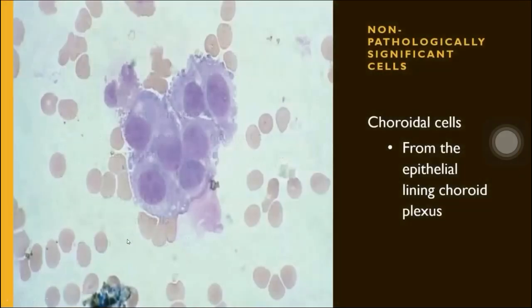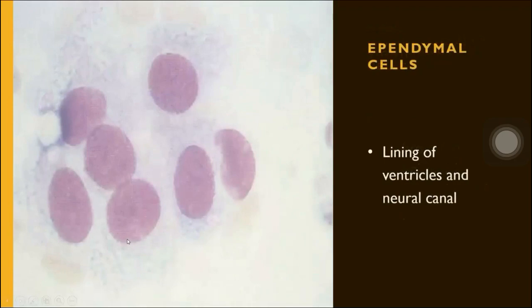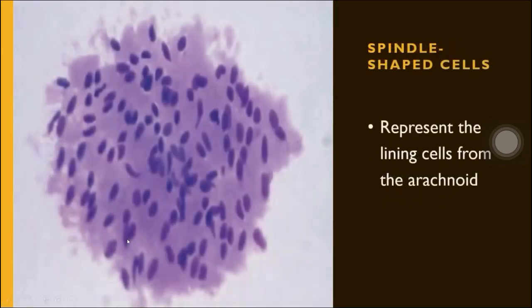So this is the appearance of the choroidal cell, again, lining of the choroid plexus. This is the ependymal cell, lining of the ventricles and neural canal. Again, it produces as well as regulates CSF. And this is the spindle-shaped cell. Notice the spindle shape, the tapered ends. These represent the lining cells from the arachnoid.